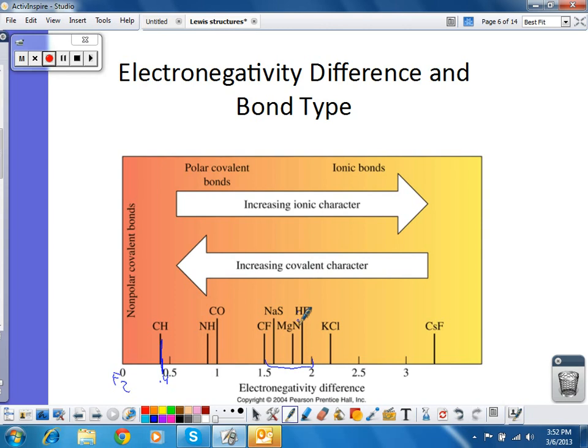So we have this kind of mixture of things that we might classify as ionic or covalent just by looking at the atoms that make them up. But really, we have this crossover. And then once we get up over here, these are pretty much considered to be ionic. So just keep in mind that ionic versus covalent is not an up or down, black or white thing. It's a spectrum. So gradually changing from ionic to covalent or covalent to ionic, depending on which way you're looking.